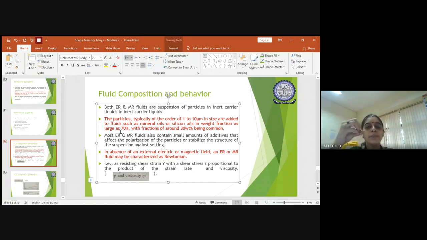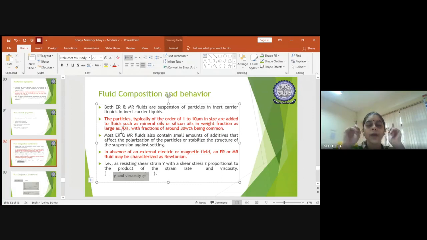If you are taking 30 weight percentage as particles, then 70 weight percentage of the liquid media should be fluid. So you take 70% of the mineral oil or silicon oil, and you add 30% of the particles of micrometer size. This will be the fluid composition we will be analyzing.